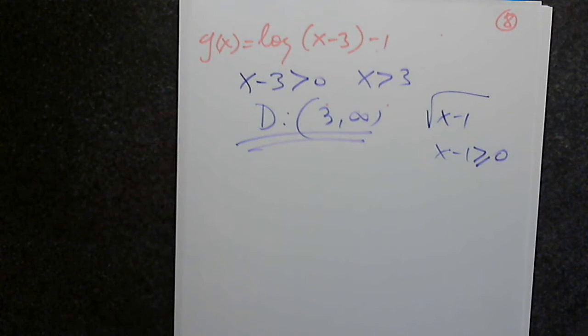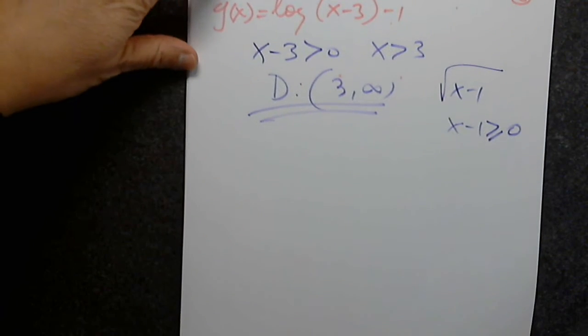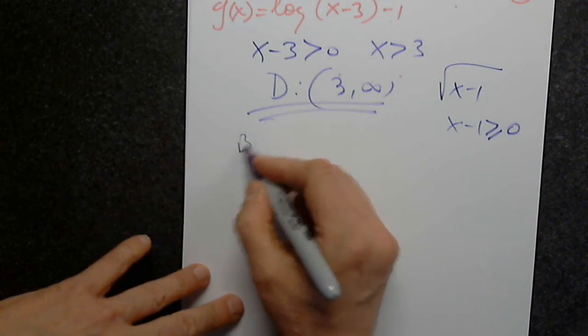The calculator will scream at me because it's a vertical asymptote. Okay? So, knowing that, now let's identify the base function.